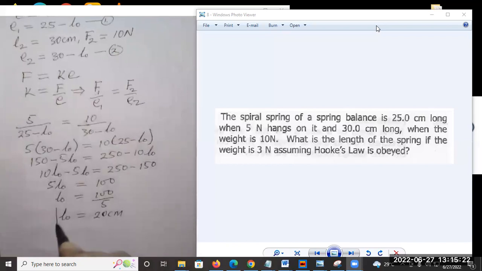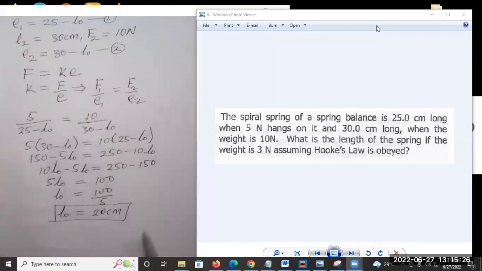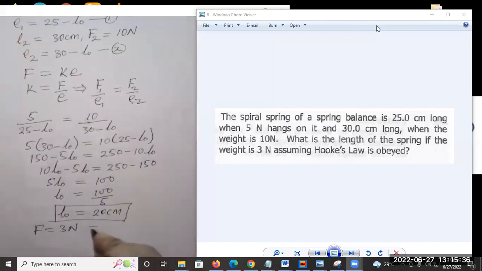Now that we know the original length, we can proceed to find the new length for the force given in the question. The force is 3 Newton, and we are looking for the new length L that will produce this.